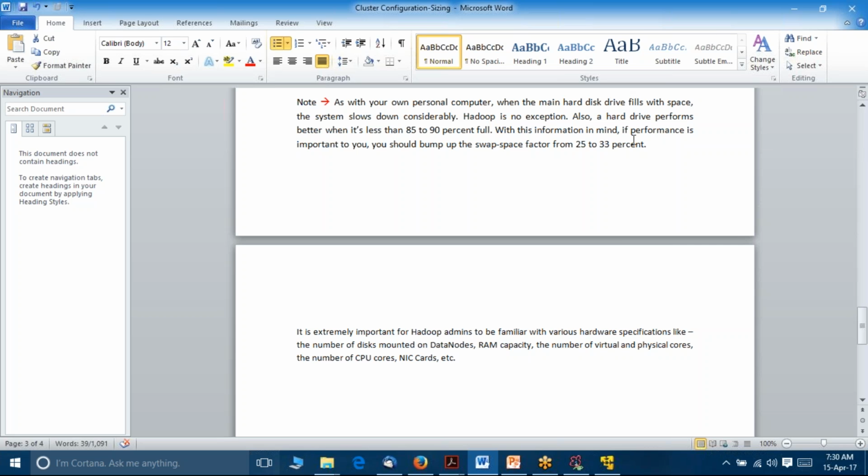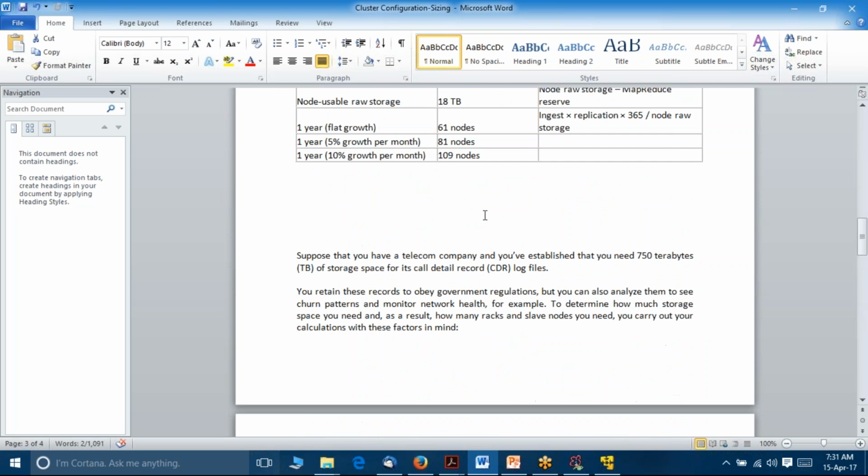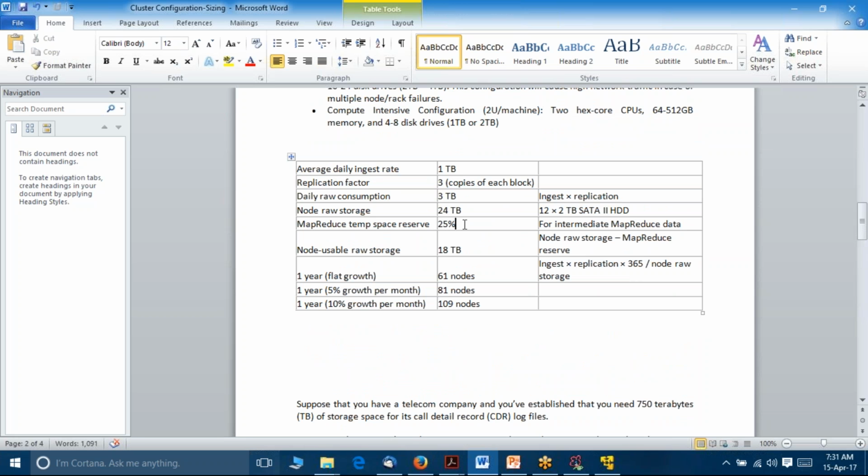With this information in mind, if performance is important to you, you should bump up this swap space factor from 25 to 33%. Here you have mentioned 25%, right? So I need to raise it to 33, so that much more storage I'll be losing.